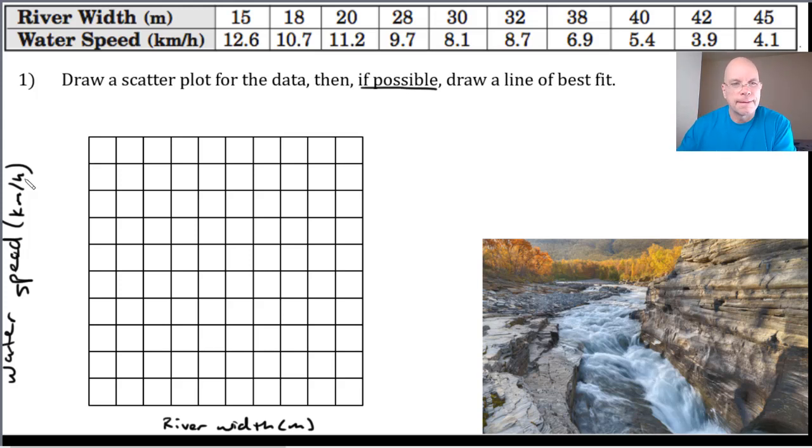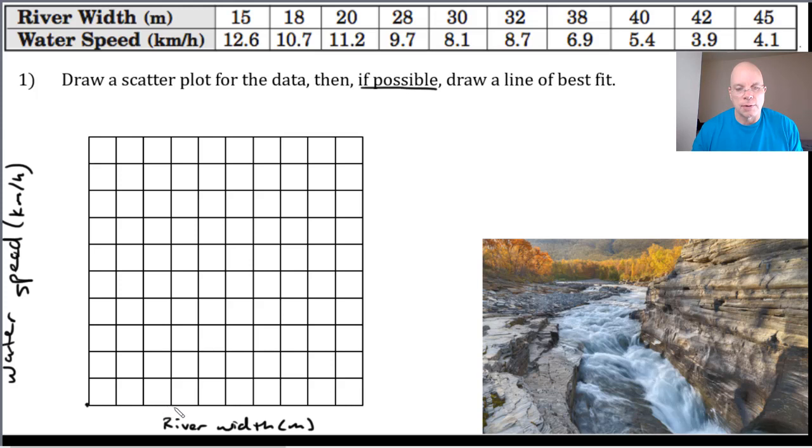So then we can just start plotting the points. But one of the reasons I chose this for the video is I find often that students have trouble with scaling their axes. This maybe is something you've done a lot of up to this point. So if we look at river width, our data is as low as 15 and as high as 45. Of course, the intersection of the x and y axes would be the origin, so that's going to be 0 by definition. And you look at how many lines you have to work with.